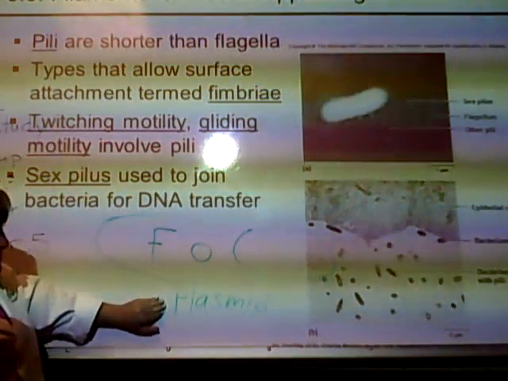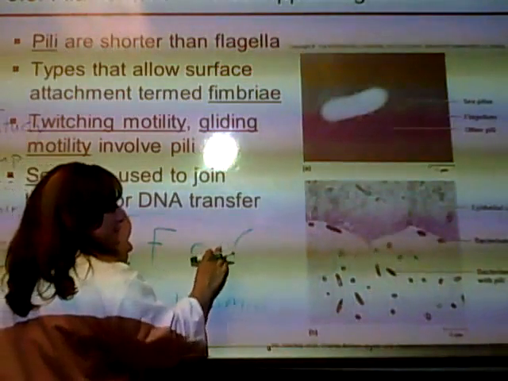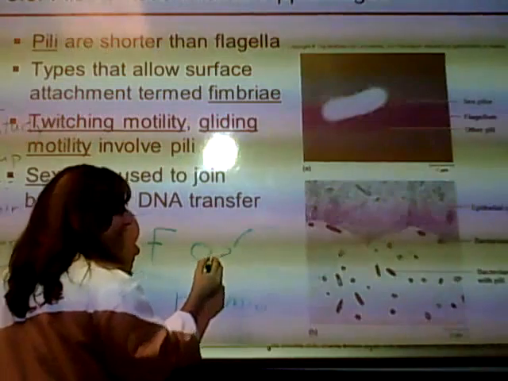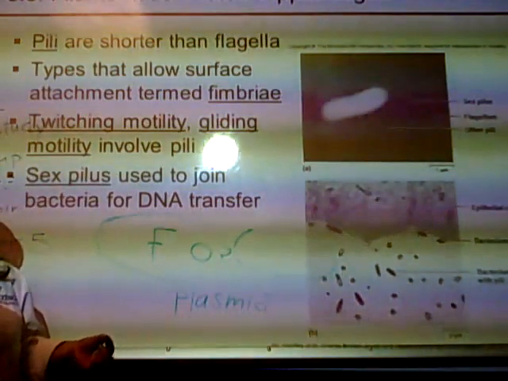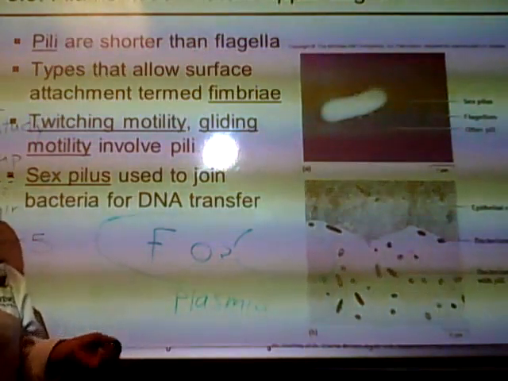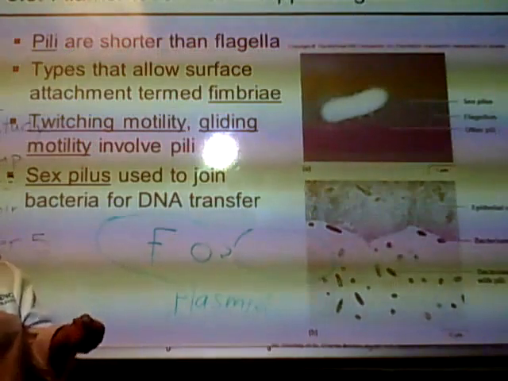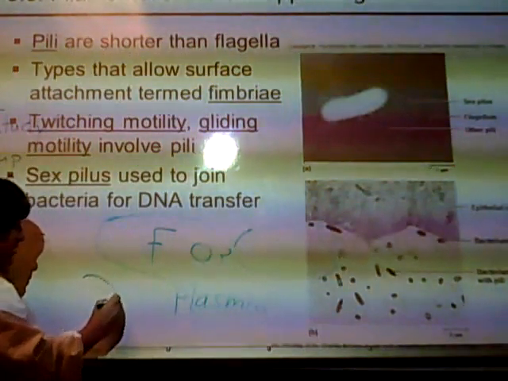Okay, so plasmids can actually go through the little F pilus. This is really bizarre, but one of my students gave me an onion ring that was shaped like an F pilus. I thought it would be too bizarre to keep it, but I was tempted. But basically, think of an onion ring with a little extra thing off of it, right?